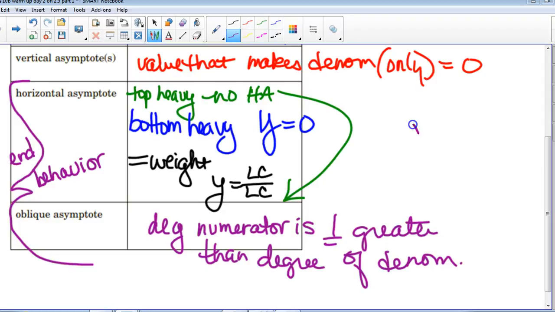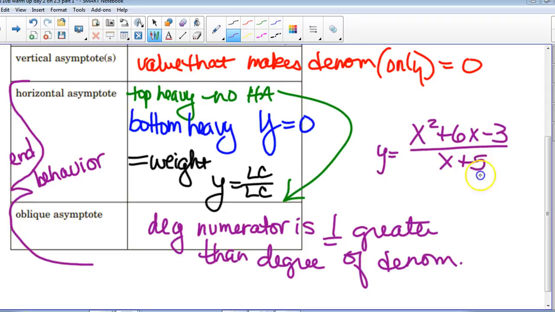So if we had x squared plus 6x minus 3 over x plus 5, that would have an oblique asymptote, and we could find it by synthetic division. Does that sound okay? We're going to practice that in a minute, so I'm not going to do this exact example. Any other questions about that?